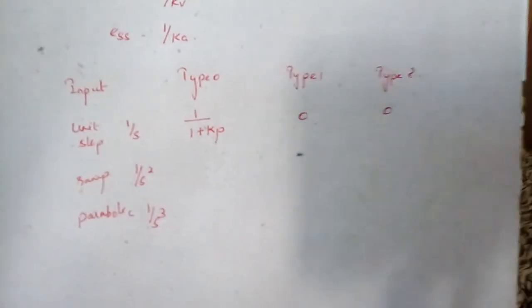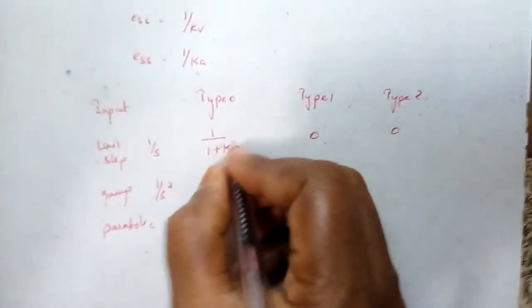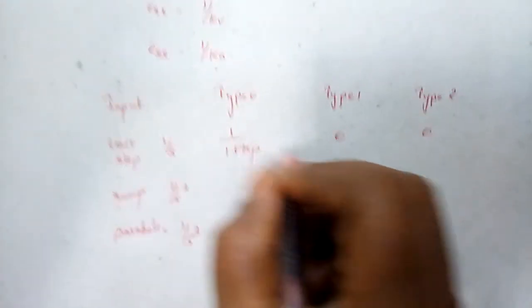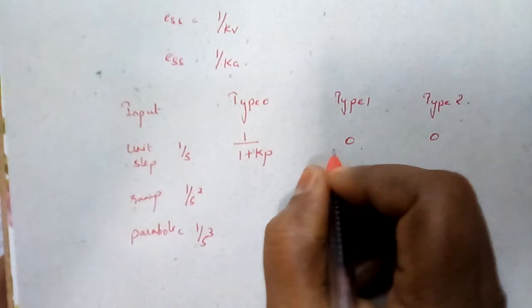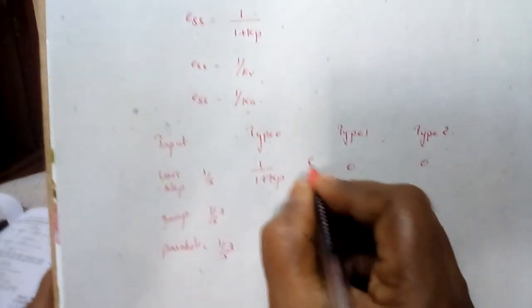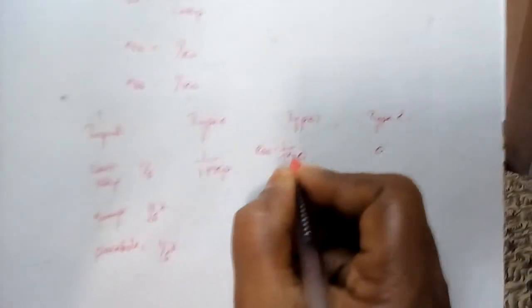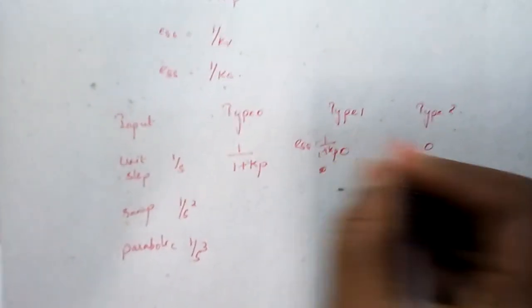Since Kp is equal to K, here for the type 1 system Kp is equal to infinity. While substituting in the equation ess equal to 1 divided by 1 plus Kp, Kp here is infinity, so 1 divided by infinity is equal to 0 for the type 1 system.